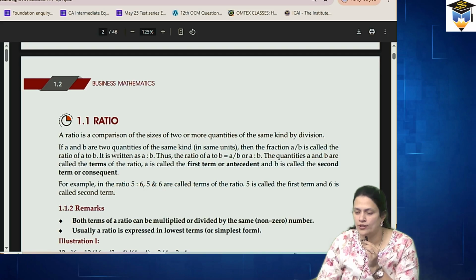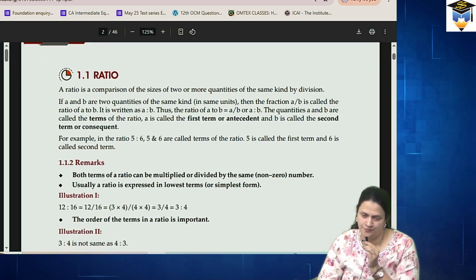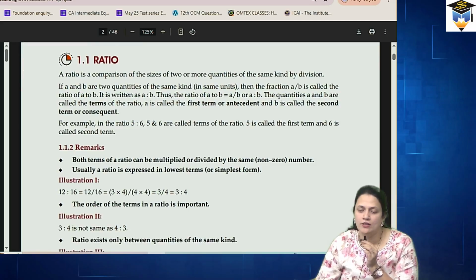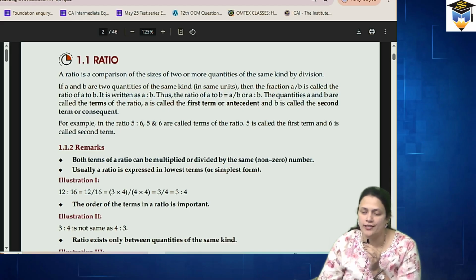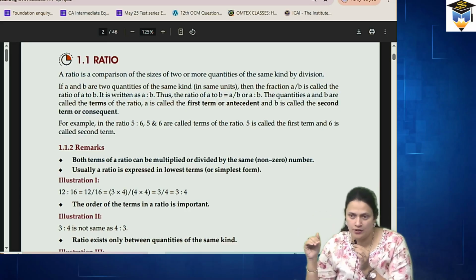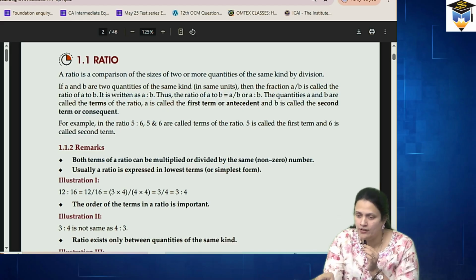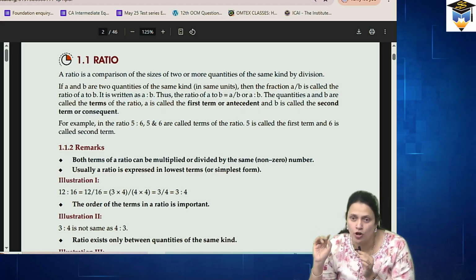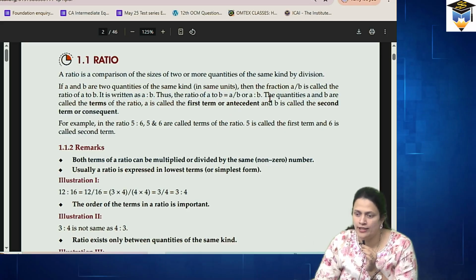So let us go to the textbook now. They have given: a ratio is a comparison of sizes of two or more quantities of the same kind by division. If there is a ratio A upon B, the numerator part is called the first term or antecedent.